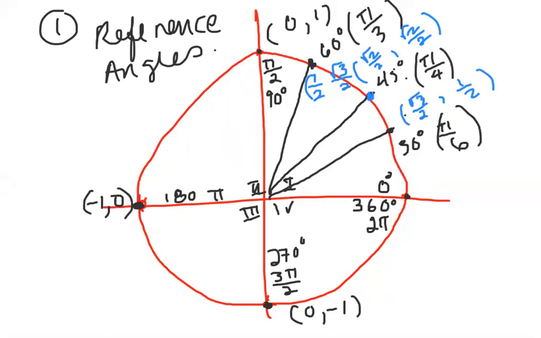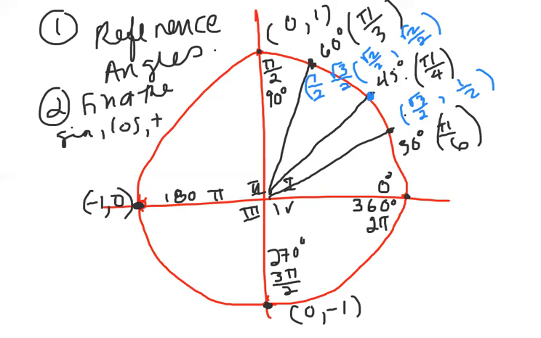And once you go back to that first quadrant and relate it to its reference angle, that is definitely going to help you figure out what's happening. The next thing you need to do is find the sine, cosine, and tangent. And of course, the last step is to determine the sign.